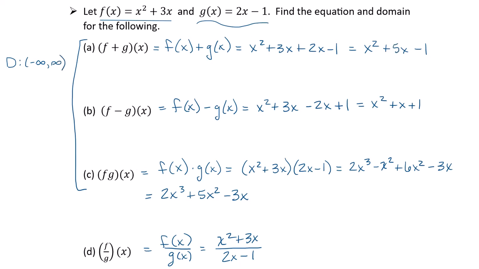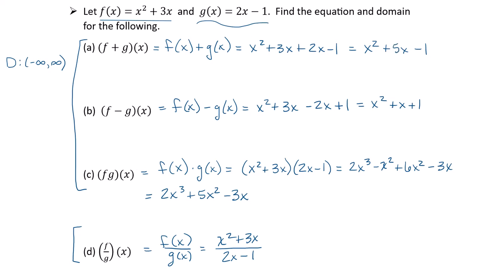When it comes to the last function, f over g of x, finding its domain, we will borrow the domain that we found for the first three functions, but we also have to restrict where the denominator is not equal to 0.